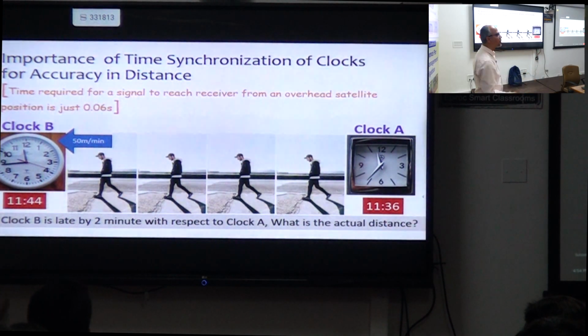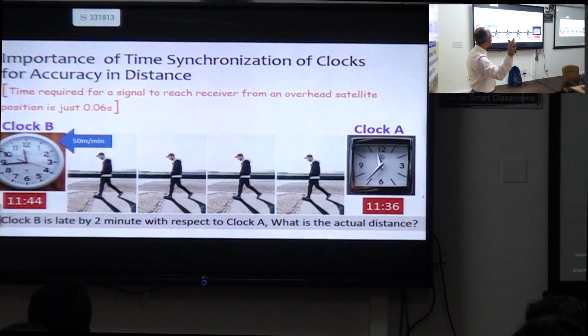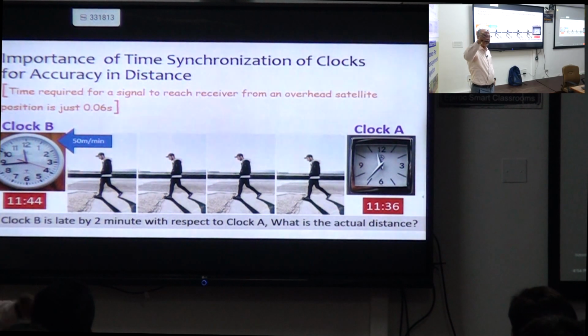So what is not known? The satellites are in different navigation systems, different satellite systems are used. And their independent clocks we may ensure are quite synchronized, but the receiver can be different. Where we are receiving, say, in our GPS, that may be different. So there can be an error.